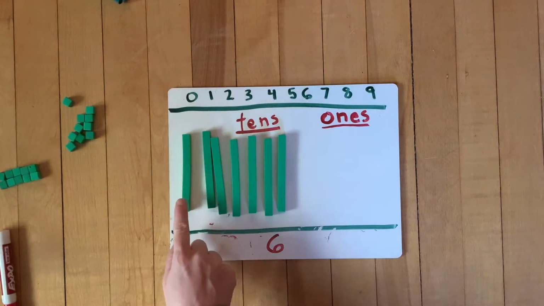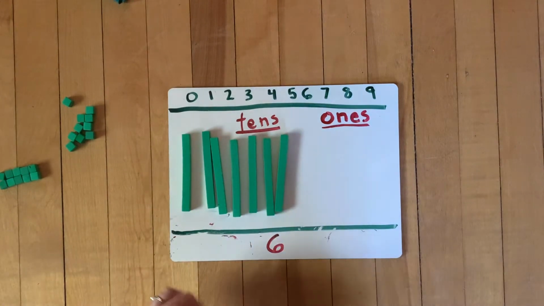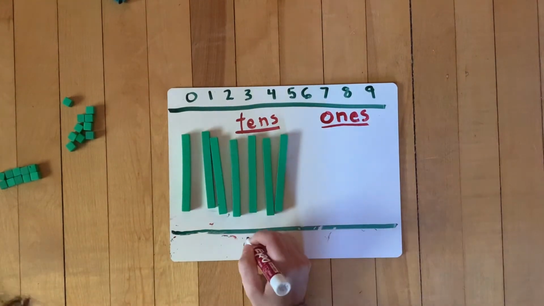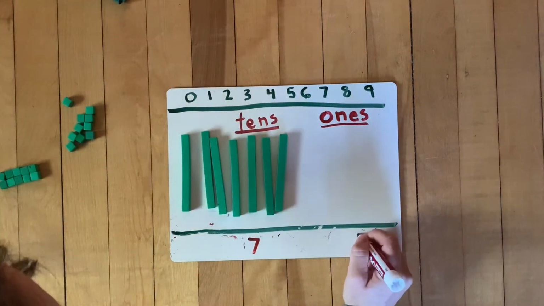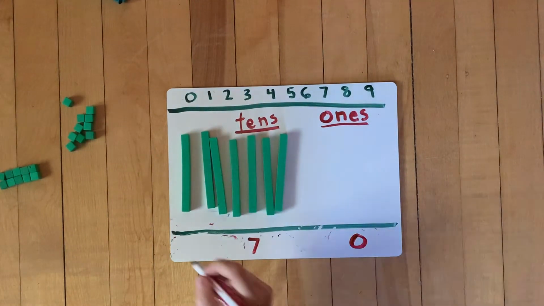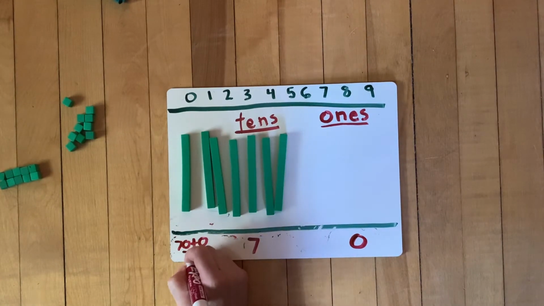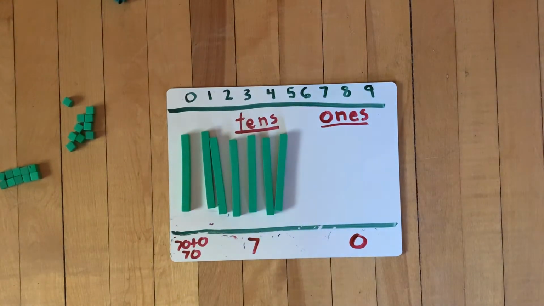Now we have 1, 2, 3, 4, 5, 6, 7. 7 tens and 0 ones. 70 plus 0 would still be 70.